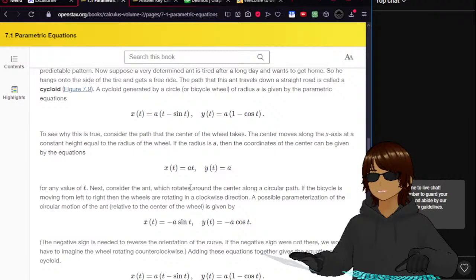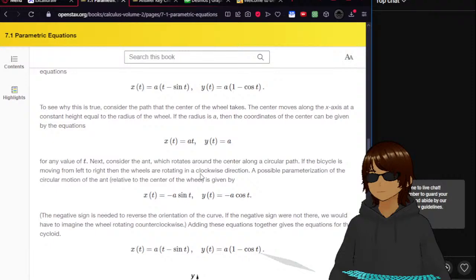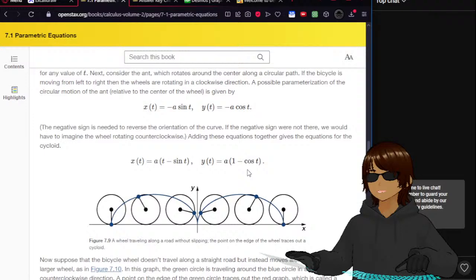This is the coordinates of the center of the wheel. I don't understand where the 1 minus cos t comes from.